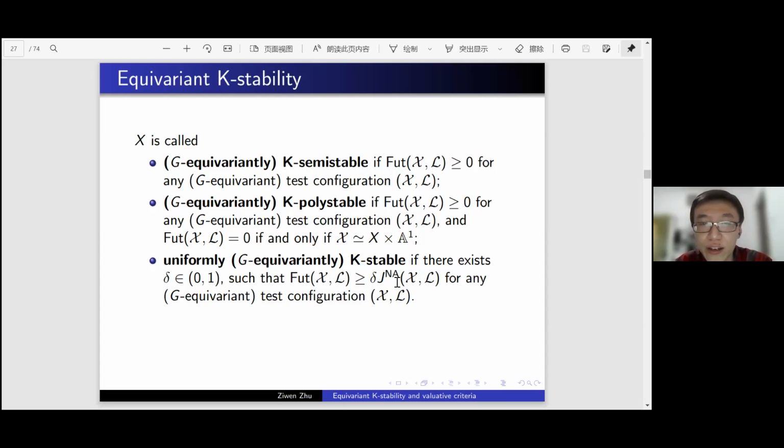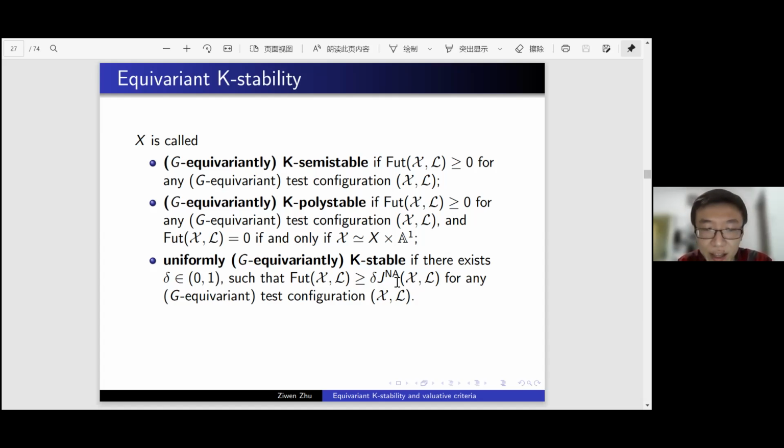If we forget the equivariant version, for the original uniform K-stability we know that the automorphism group of the variety is finite. If we want to allow a continuous part in the automorphism group, so if we look at reductive group actions, then the definition in Chi Li's paper is definitely the correct version to work with.